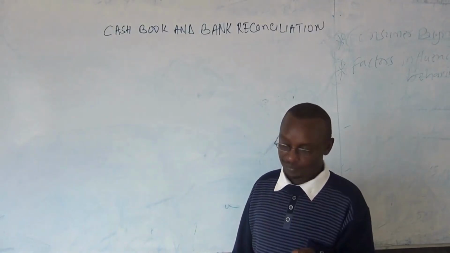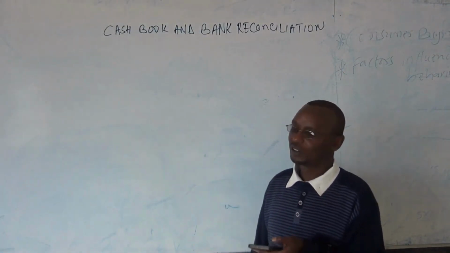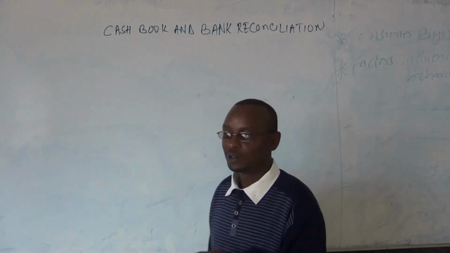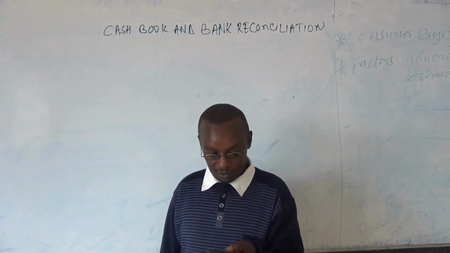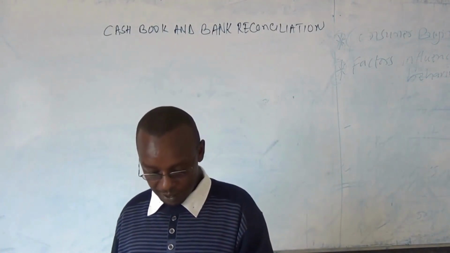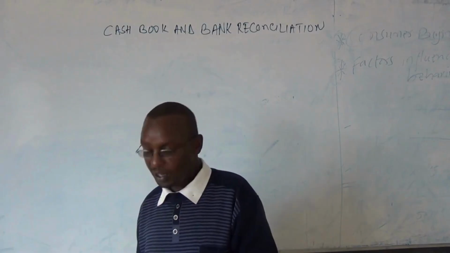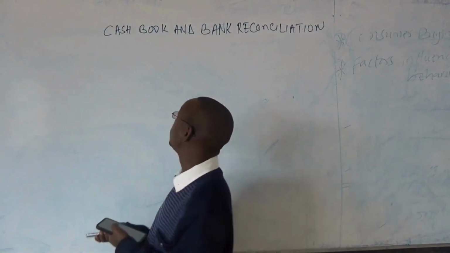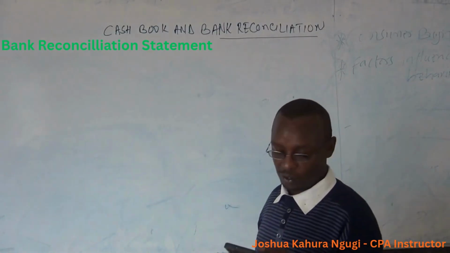But you'll find that normally, most of the times, almost all the times, those two balances are not the same. So the reason why those two balances are not the same is what makes us do the bank reconciliation.